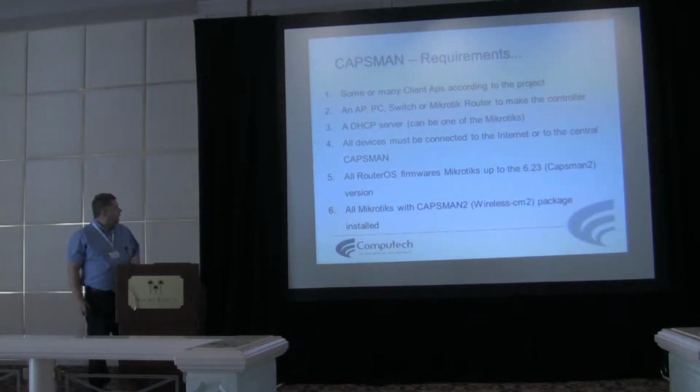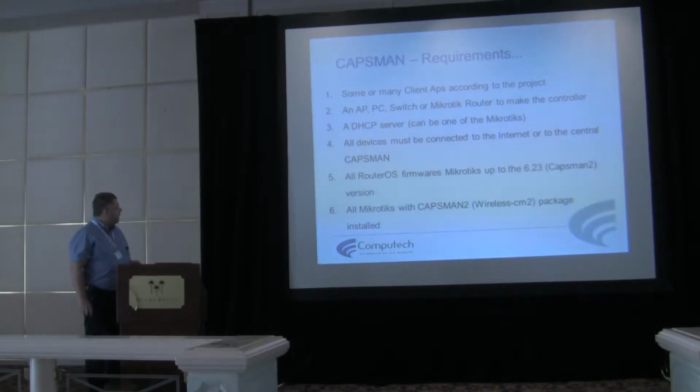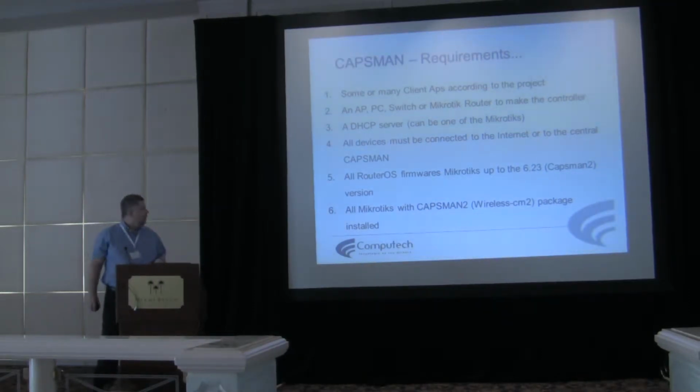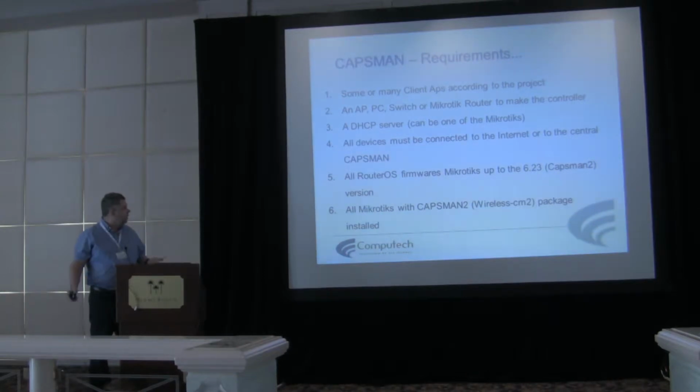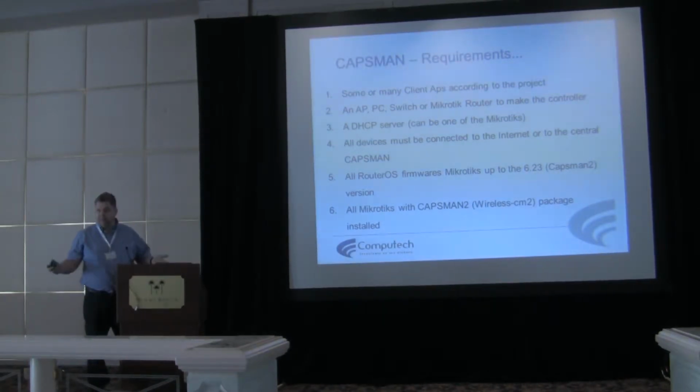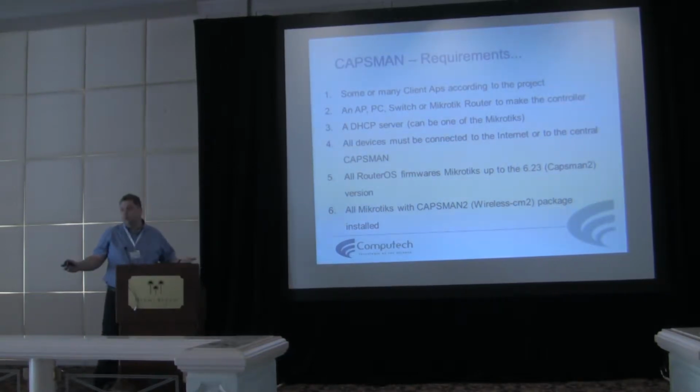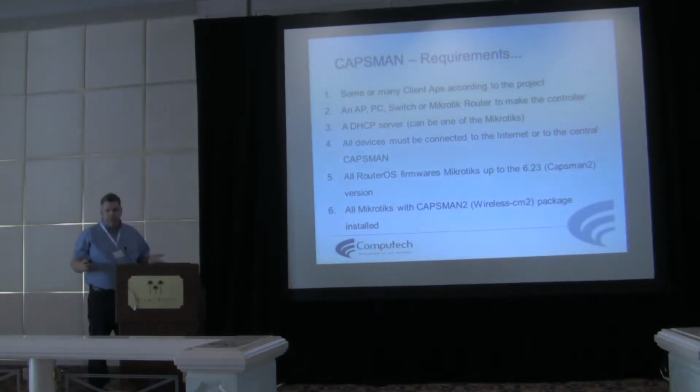Let's go through some requirements for the CAPsMAN network. We need, obviously, one or many APs that we're going to call CAPs in my presentation, according to the project. We have one of these devices, or a server, or a switch, or a Mikrotik router to make the CAPsMAN, to make the controller. A DHCP server, it can be one of these, but you need a DHCP server to provide the IPs.